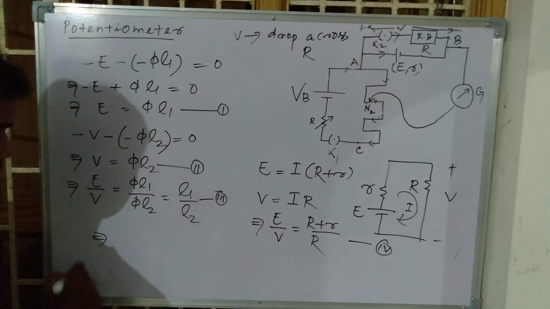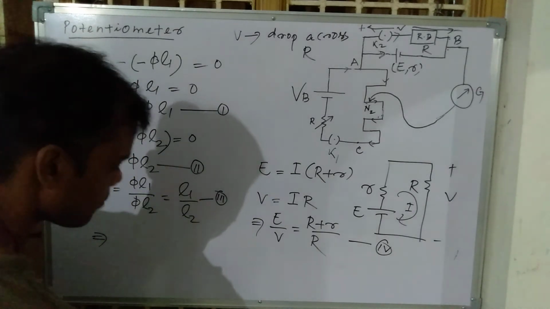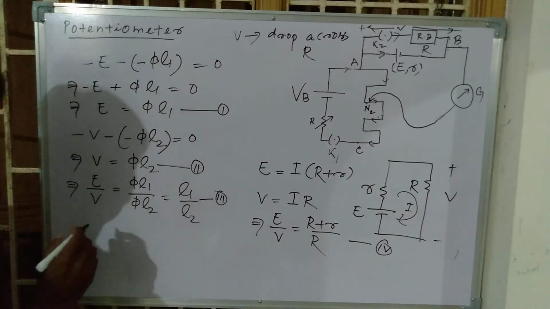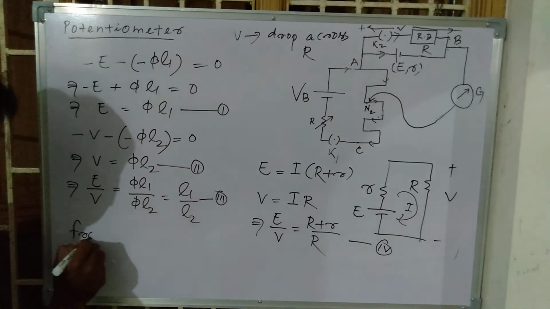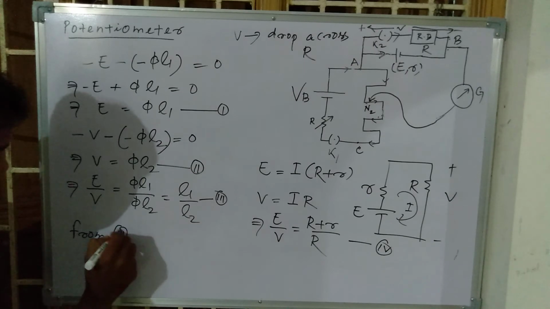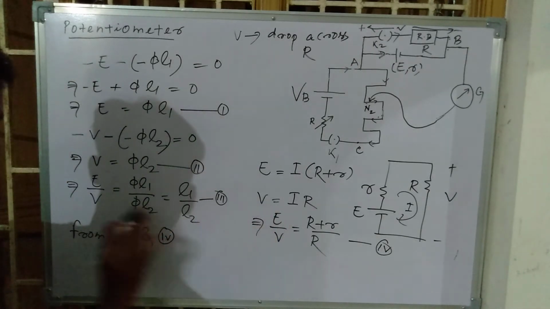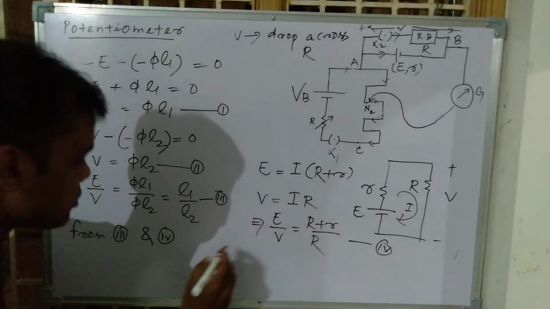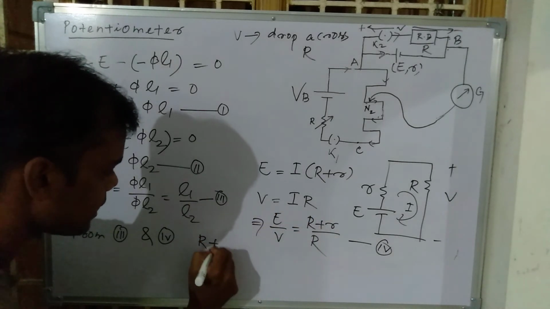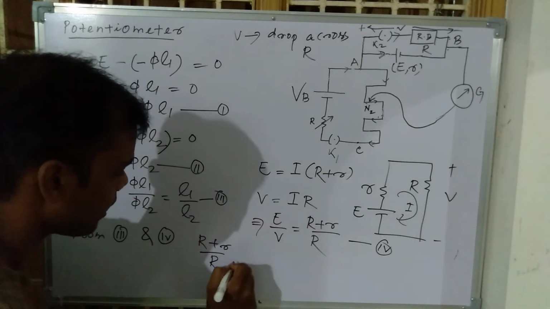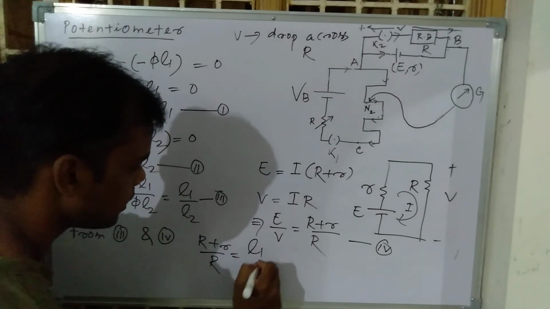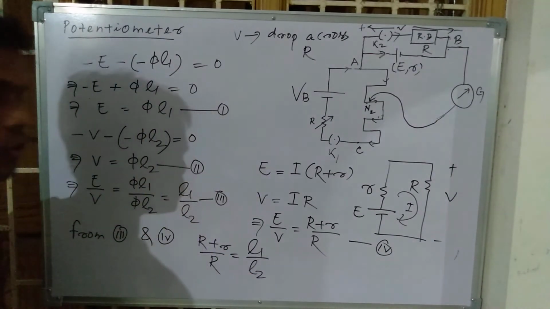This implies, from 3 and 4, LHS equal, so RHS will also be equal. So I can write R plus r by R is equal to L1 by L2.